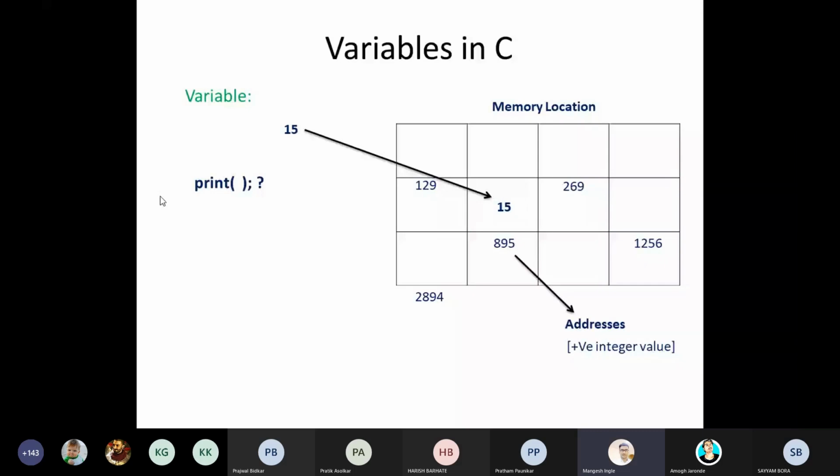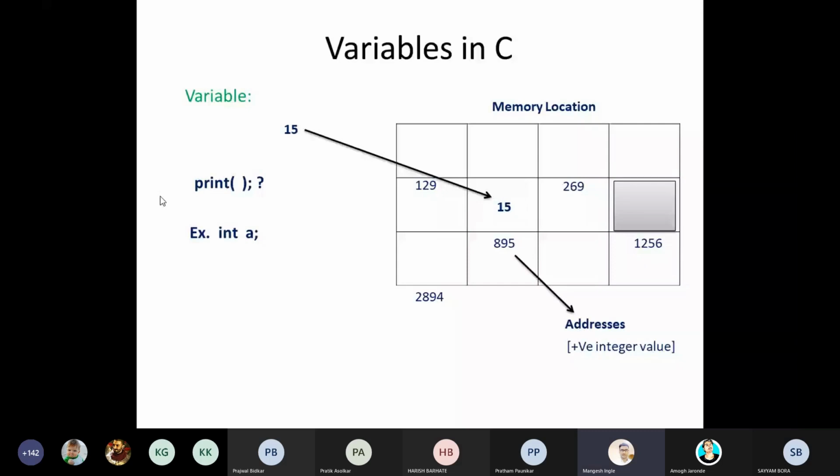For example, integer a is my variable and it is also called an identifier. I want to store a value into a. Once we declare the variable, it creates an empty memory location, as you can see on your screen. That empty memory location is created for the identifier a.